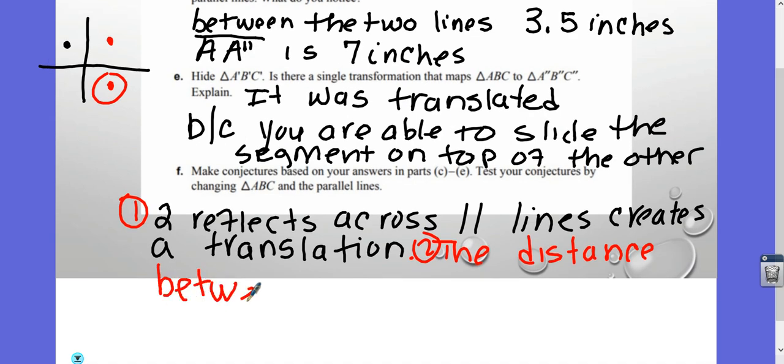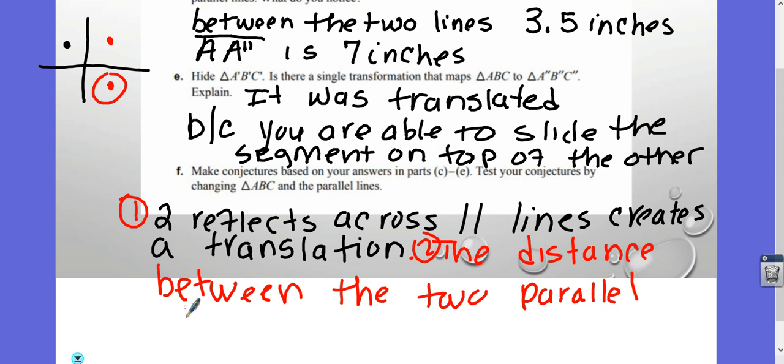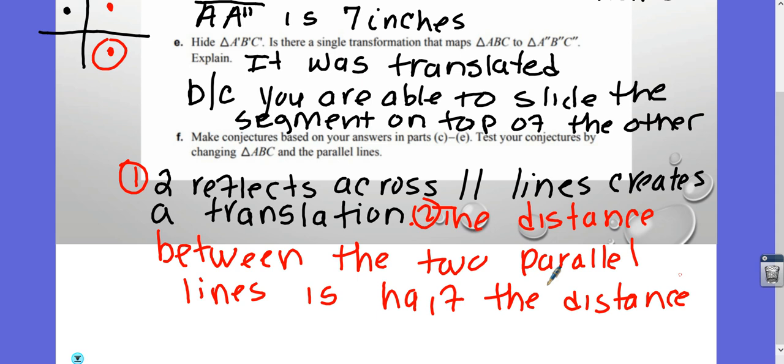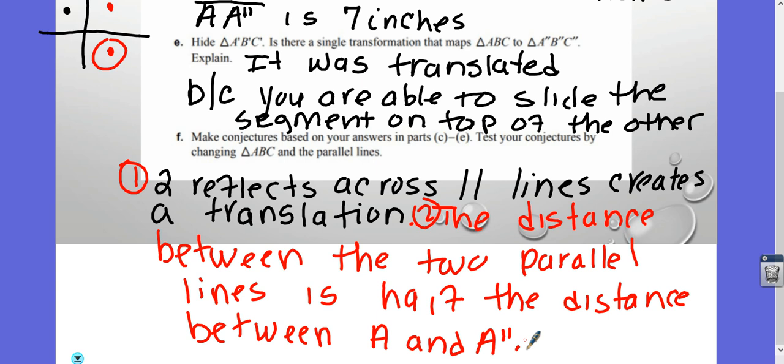The distance between the two parallel lines is half the distance between A and A double prime. So those are the two conjectures you need to understand, especially conjecture 1. And then you can go and play with the dynamic software yourself and figure more out.